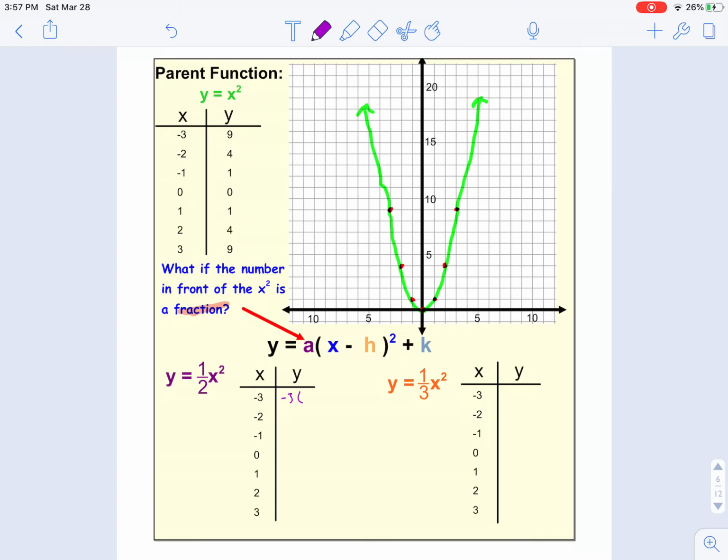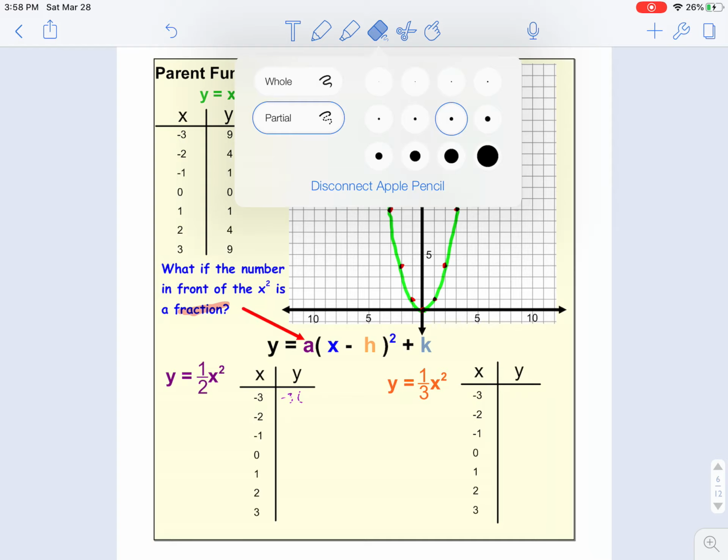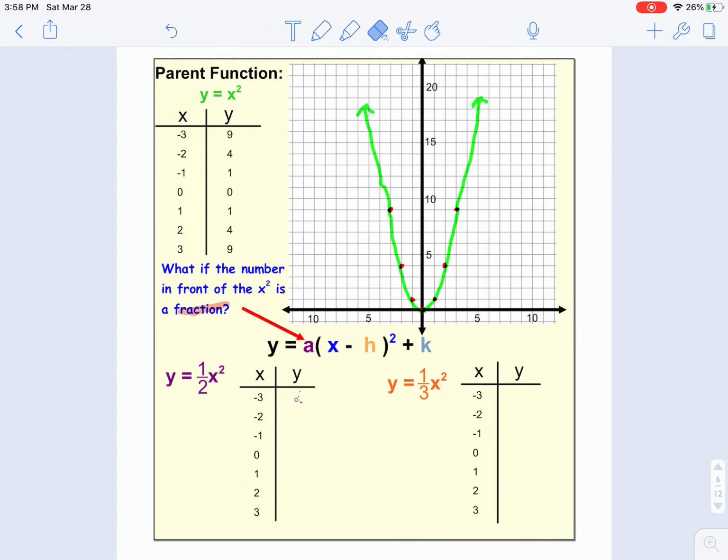Purple marker. All right. Well, -3, we have 1/2 times -3 squared. Well, okay. Still going to be 0, 0. -3 squared is 9, times 1/2 is 4.5.